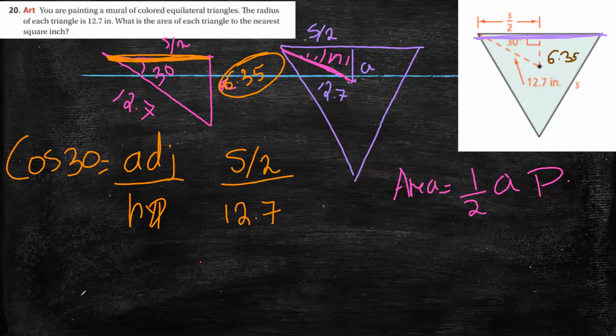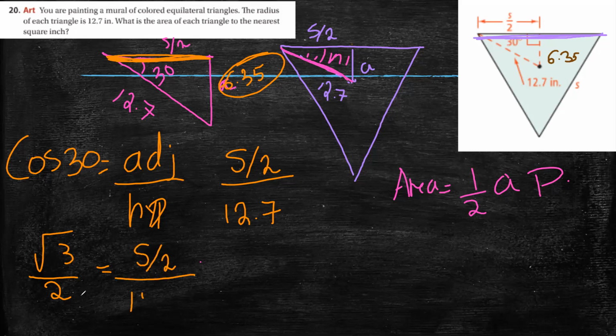And the cosine of 30 is square root of 3 over 2. So square root of 3 over 2 is equal to S over 2 over 12.7. Cosine 30 is square root of 3 over 2, adjacent is S over 2, and the hypotenuse is 12.7.